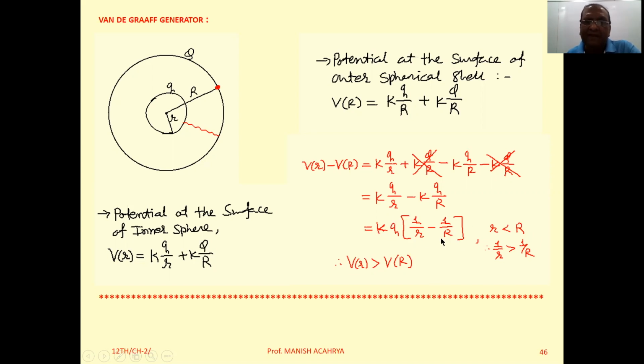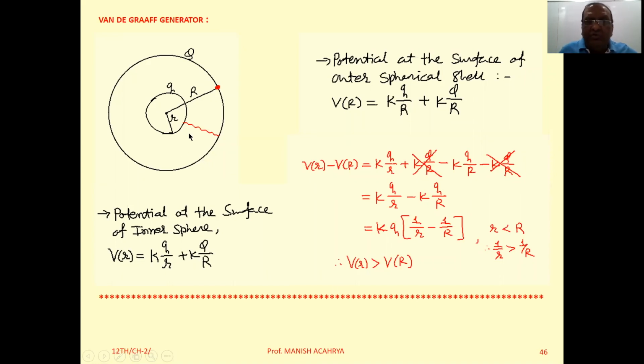So V at small r minus V at capital R is greater than 0, meaning V at small r is greater than V at capital R. Clear? It implies that the potential at the surface of the inner one is greater than the potential at the surface of the outer one.